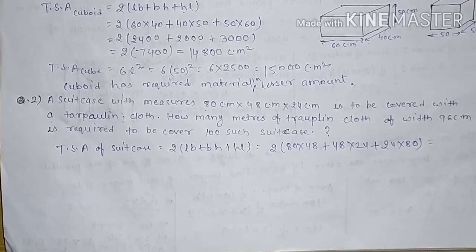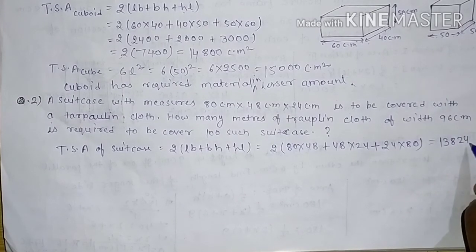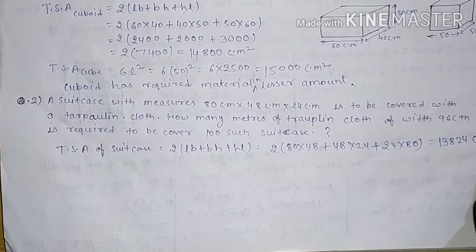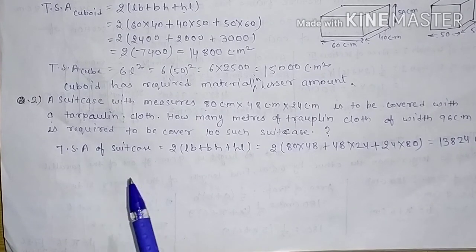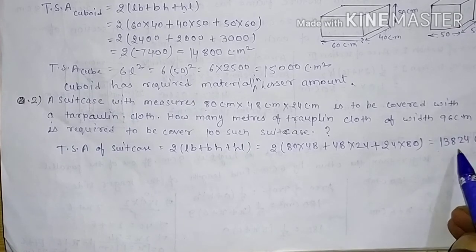Now just simplify it. We can get 13824 centimeter square. Now this is the total surface area of one suitcase, that is 13824 centimeter square.